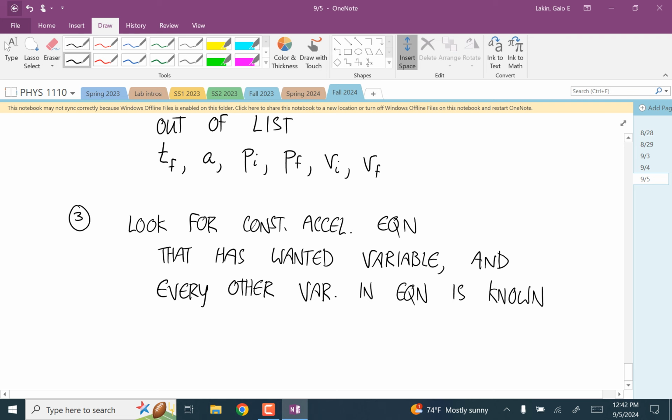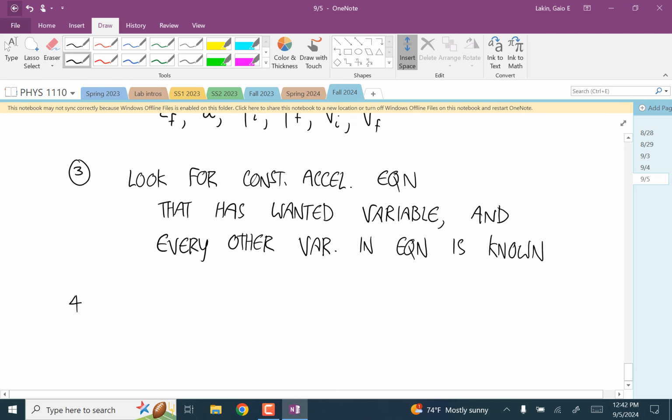There are some cases where, so I'm going to make number 4, I'm going to put it in parentheses. If you're lucky, you won't have to do this, but sometimes you will. So sometimes none of those 3 equations work.